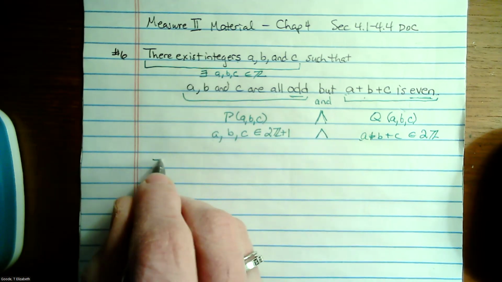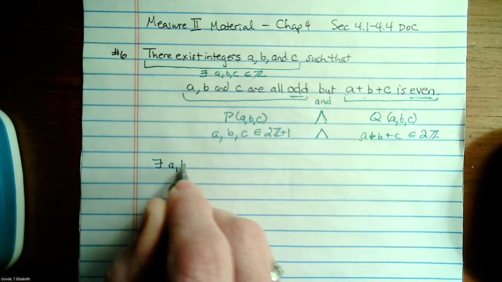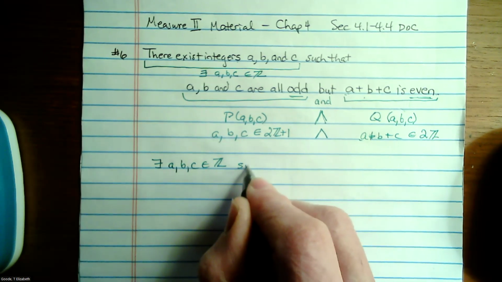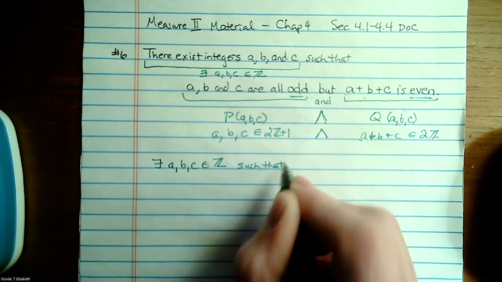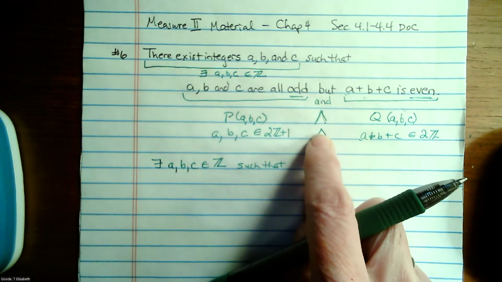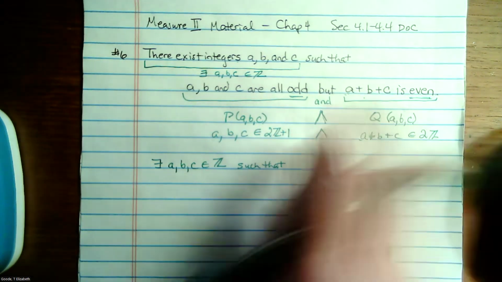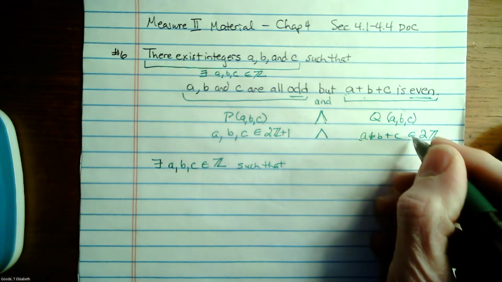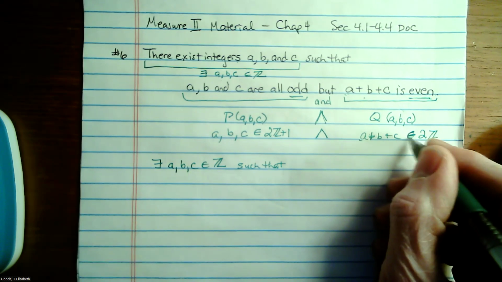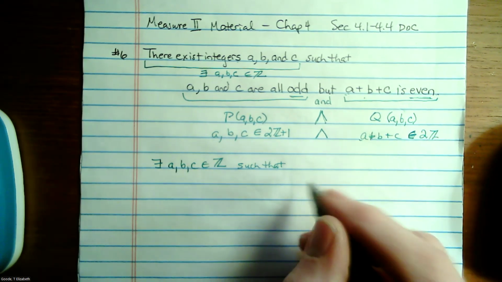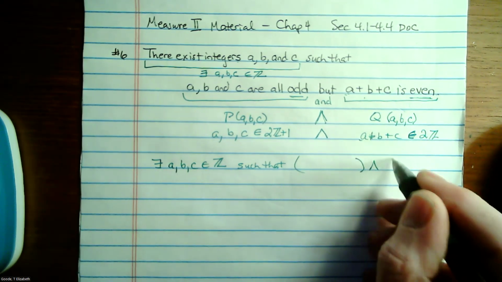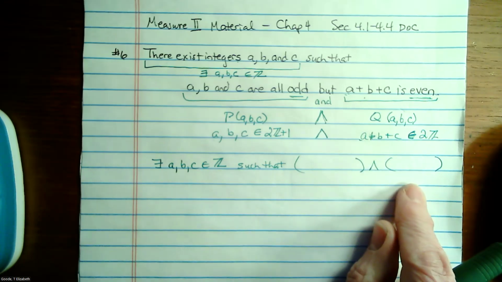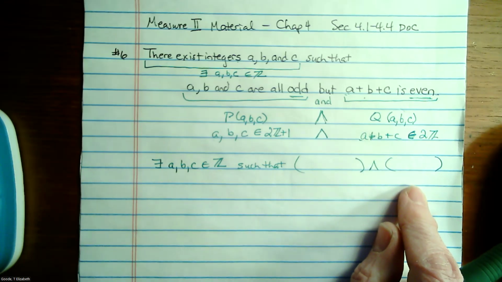As long as you put a there exists an A, B, C, and Z such that, then you can either just write this phrase and maybe put an "and" in between that and this phrase, or you can write it like this with an "and" then this. See what I mean? The point is once we get it sorted out, so it's this and this, however you write these two components, it makes it easier to negate it.